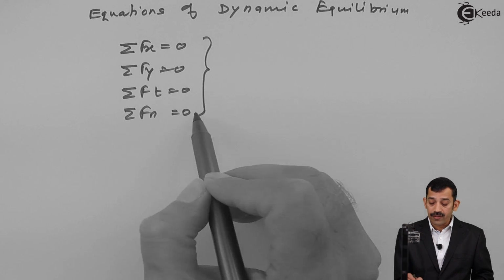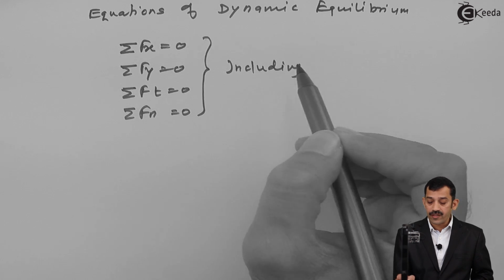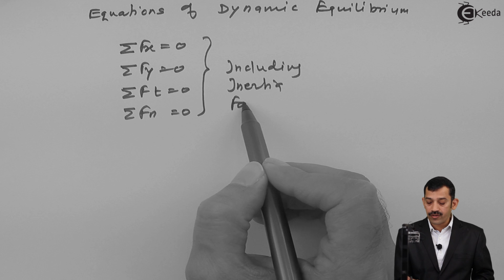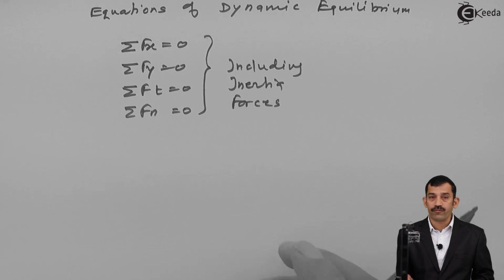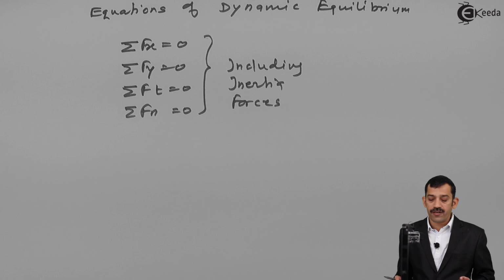But all these equations, what do they include? Including inertia forces. So the ma term will not be written in the equation, but we will add this term where? In the free body diagram. Therefore, just as we apply equations in statics, similar equations will apply.